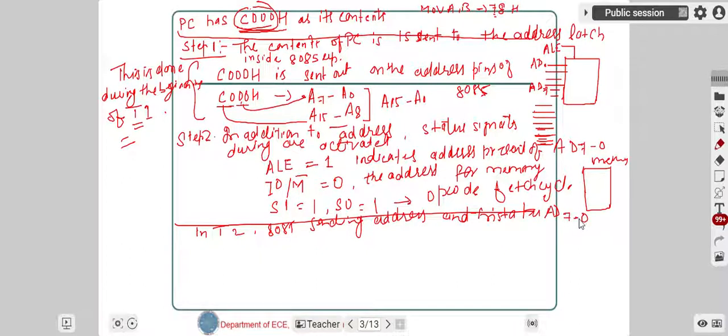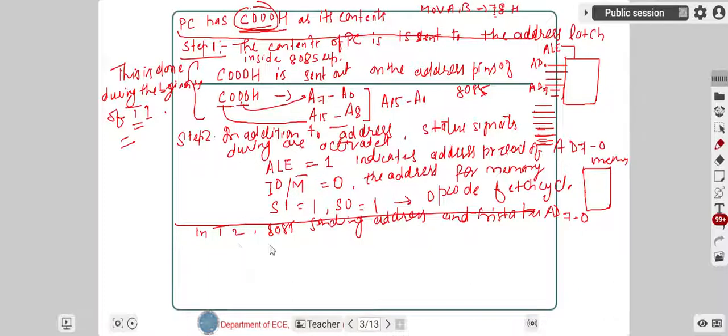For some time, this bus is tri-stated because we only require the address during the T1 clock cycle. So during the T2 clock cycle, the CPU stops sending the address from this bus, and these lines are tri-stated.